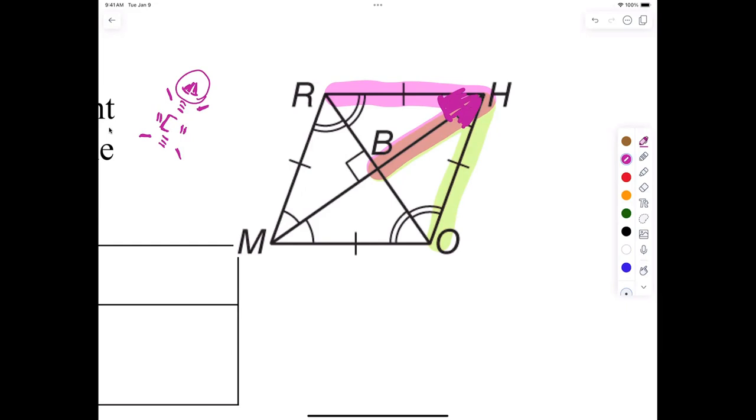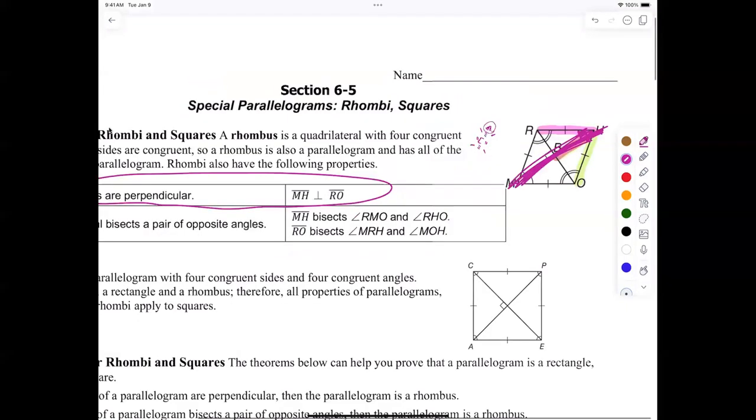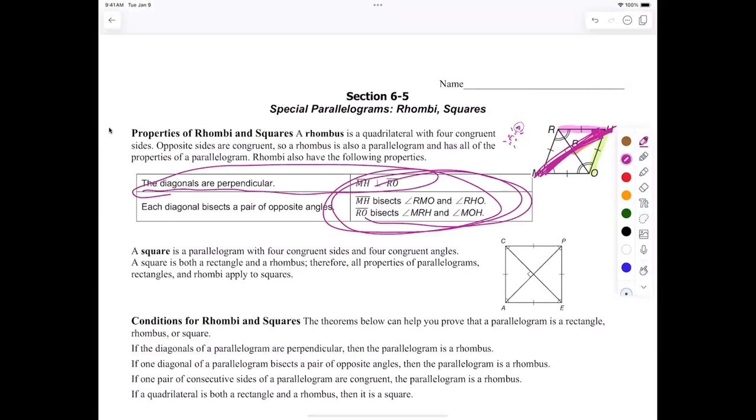So that means that this diagonal bisects the angles. I didn't need them to tell me that. I discovered that on my own. I don't need to remember any of this about the square or about the rhombus. I just drew it out every time on my test, drew a square, drew a rhombus, and drew the diagonals and said, there, that's true. That's always true.